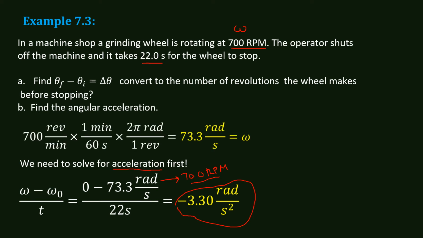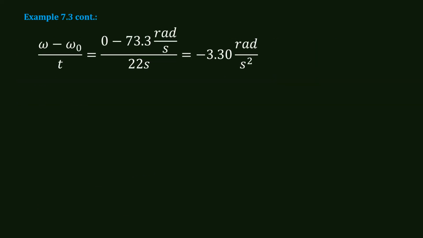In A, it actually does the conversion of showing you how we wound up with 73.3 rads per second, and this is to convert the number of revolutions the wheel makes before stopping. We already did this part right here.